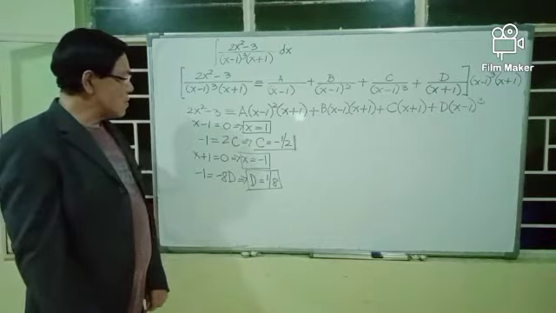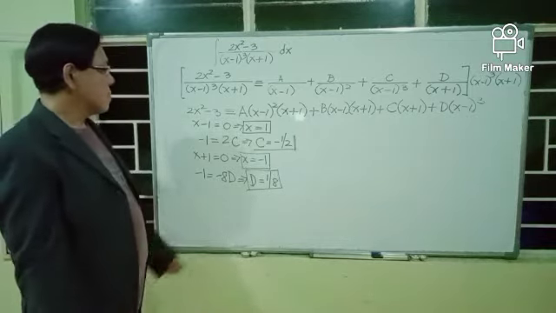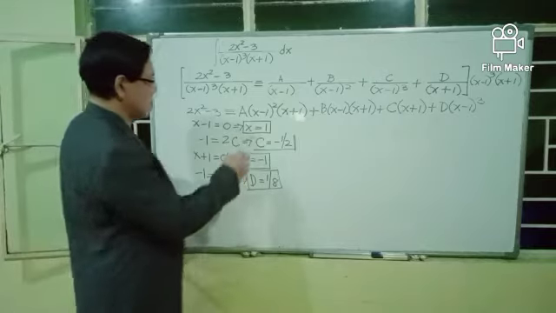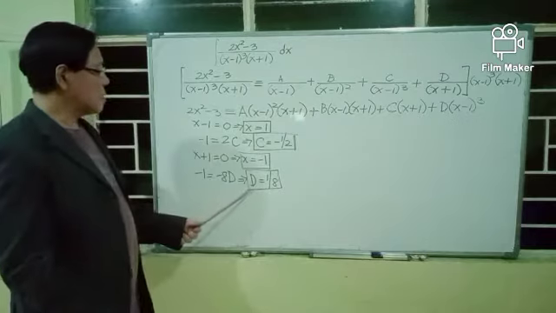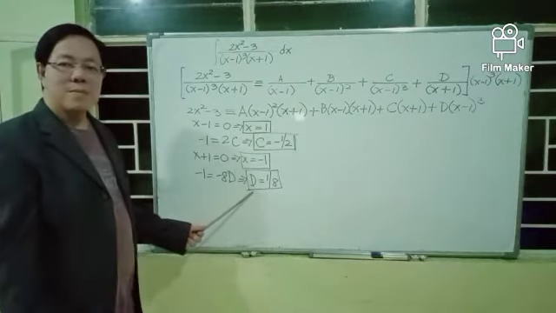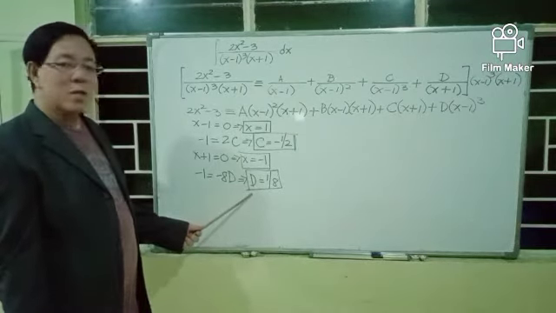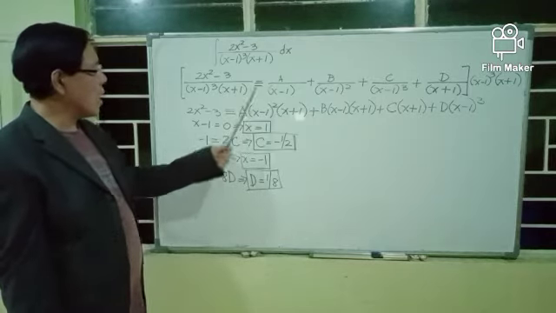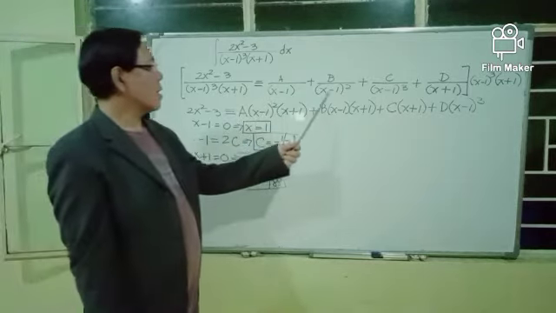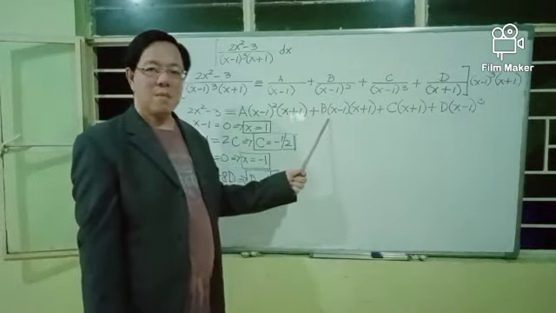Now we have found the values of two constants, c and d. The only two constants that we have to find are a and b.